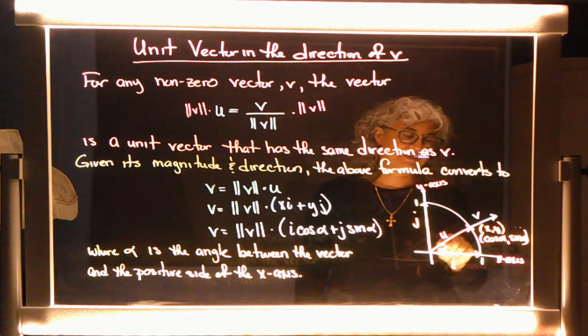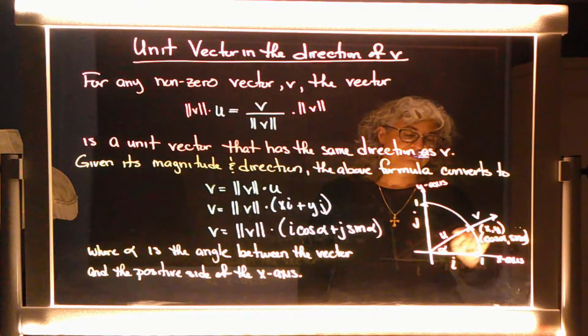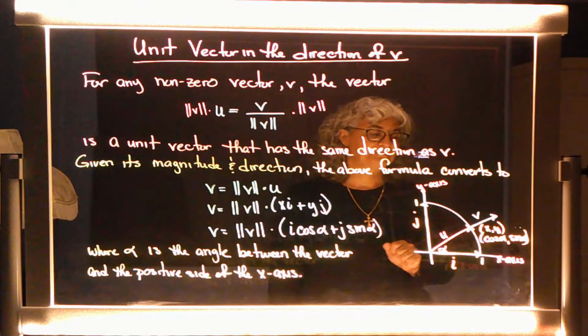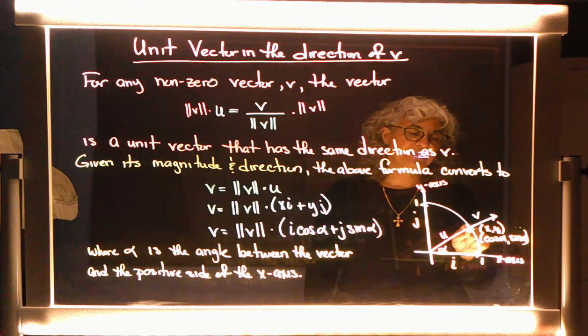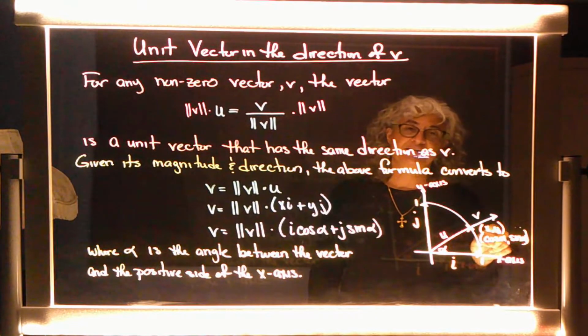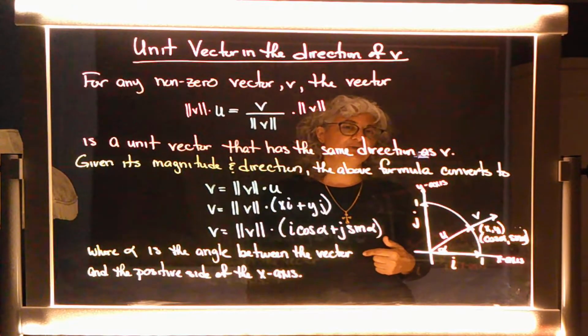And I have this vector v right here. The unit vector is in the same direction as the original vector v. Got it? Okay. Now, this point right here would be the point (x, y). Where the unit vector actually touches the unit circle would be the point (x, y), wouldn't it? Okay, so go back to your trig.